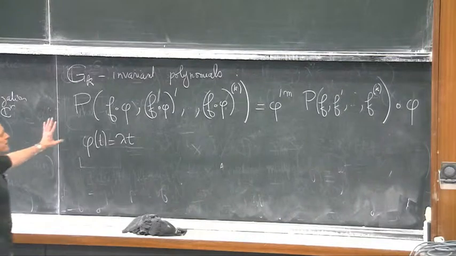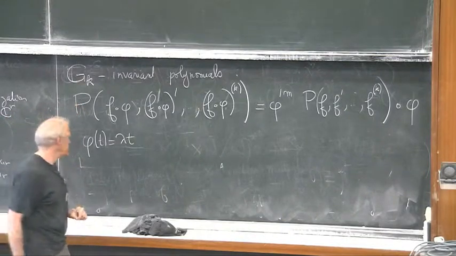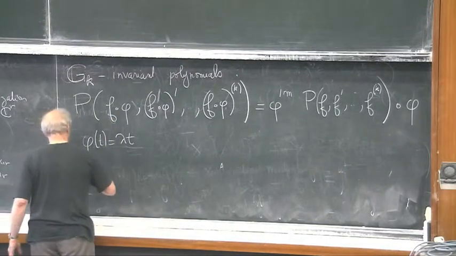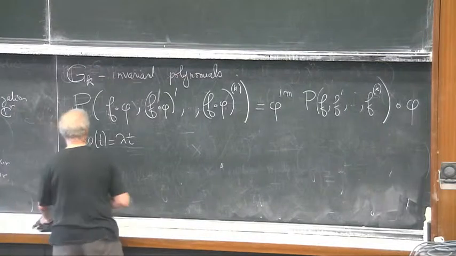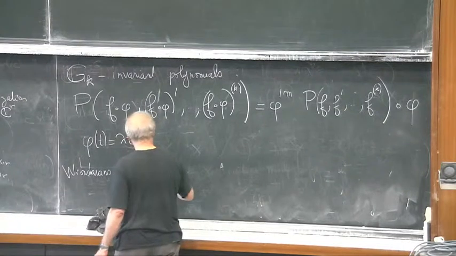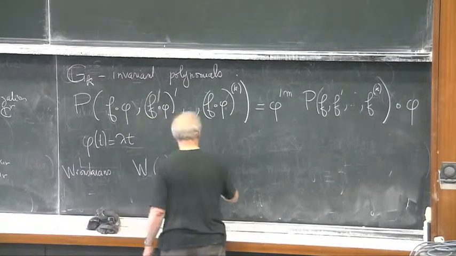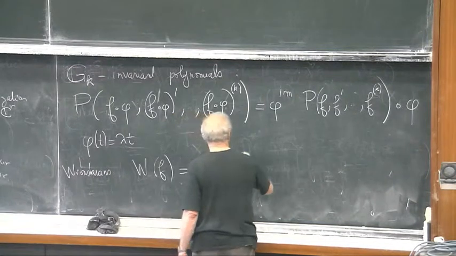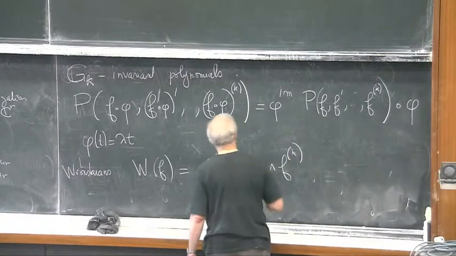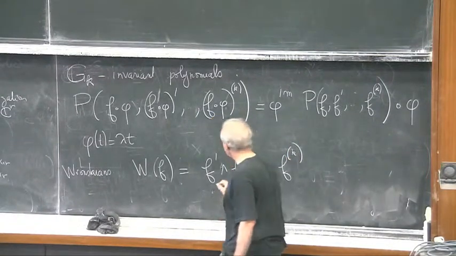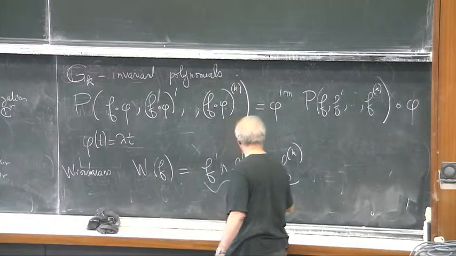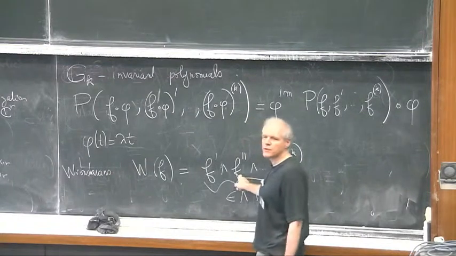And now you see very easily that if you take a Wronskian, so suppose you take something like f prime wedge, so of course this belongs to Lambda^k T_X. Well, suppose you compute with respect to some connection.